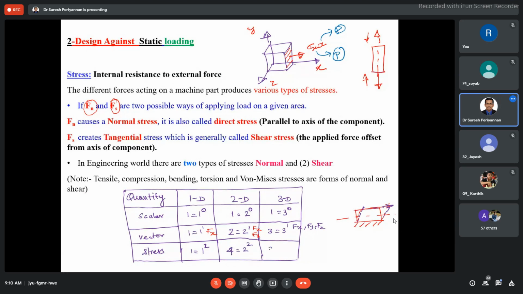Now 3 power 2 is equal to 9. Now you tell me simple tension test. Which category now? How many components will be there based on my table? Simple tension test, how many components will be there? One component, right?